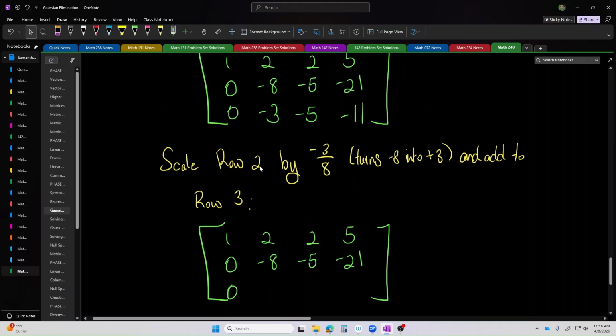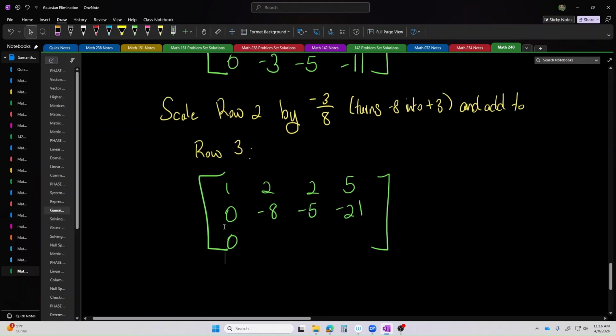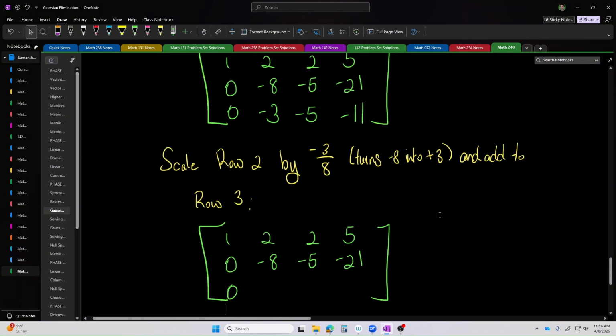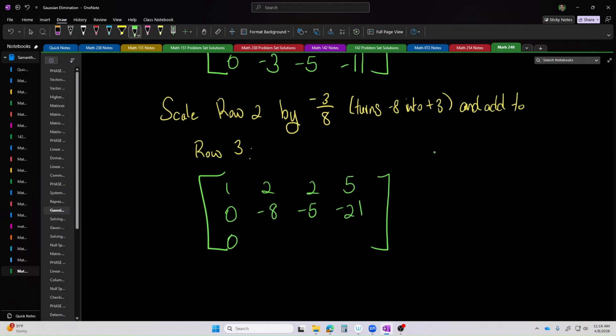And that's important because we do need to make sure that there are no additional pivots in this first column. Now, by design, when we take row number 2 and we take that -8 and multiply it by this number, it's going to turn that -8 into a +3. And so that +3 in this position, when we add it to this -3, is going to cancel out and cause a 0 to appear in this position.